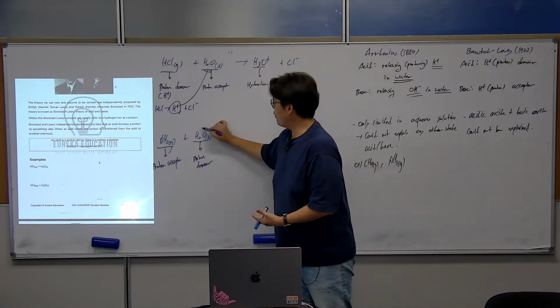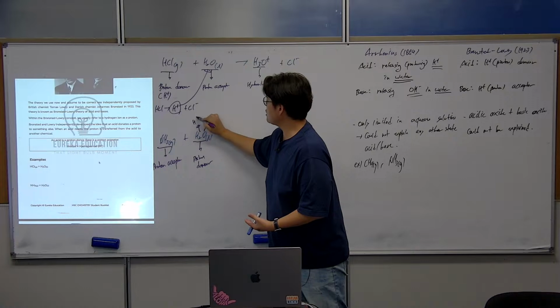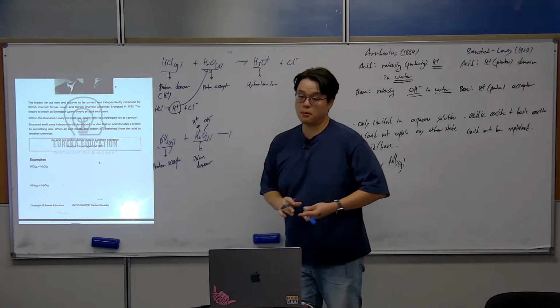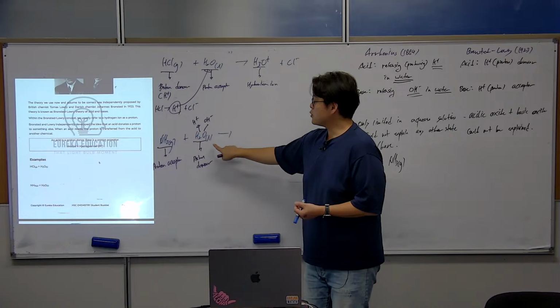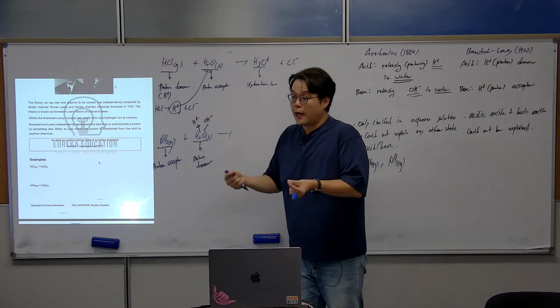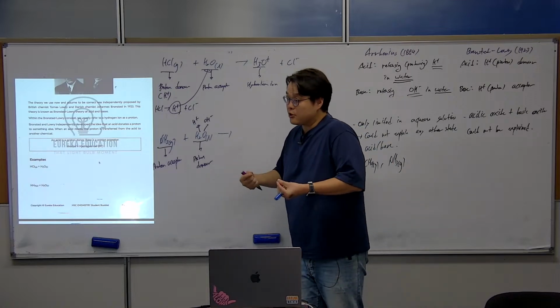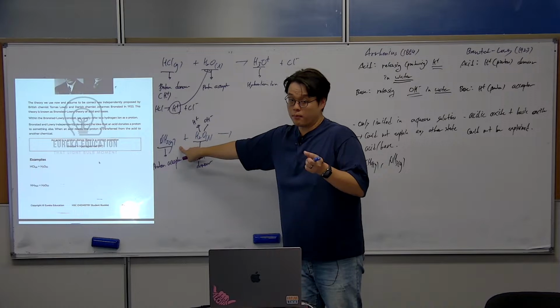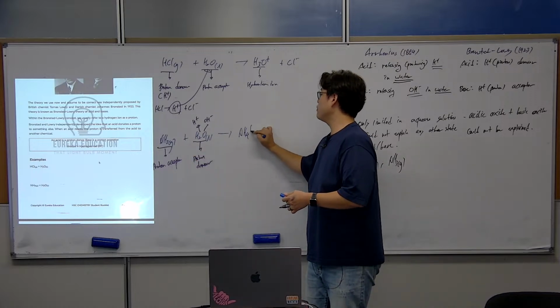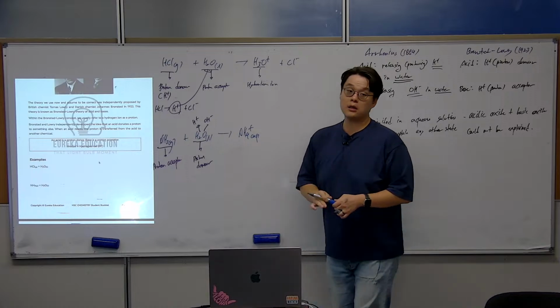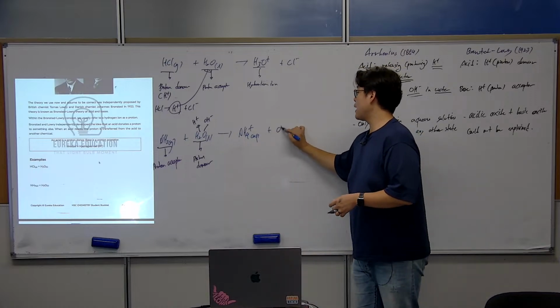So H2O becomes H plus and splits into OH minus. Does it make sense? Now this water is ready to donate the hydrogen ion to the ammonia. So what we get is the ammonium NH4 plus, aqueous ammonium ion, leaving the hydroxide ion.